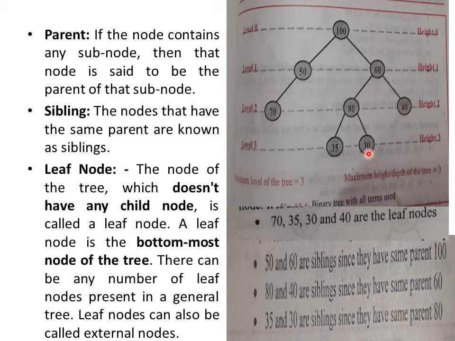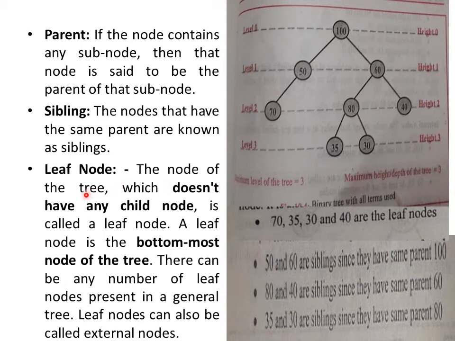Next 35 and 30 are the siblings under 80. Siblings means it should have at least 2 nodes. See here, for 50 there is only one left node. It does not have any right node. Therefore we won't call this one a sibling.